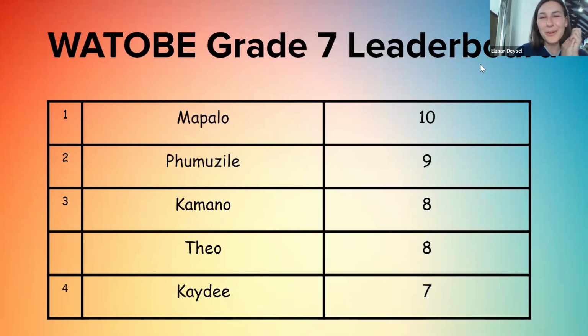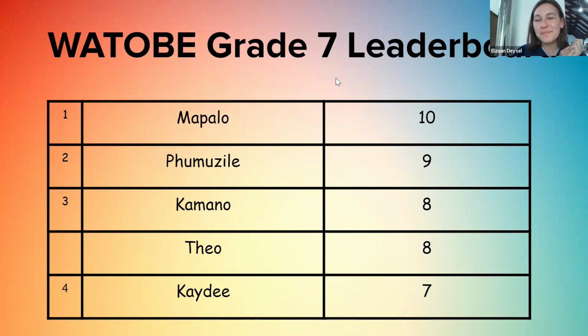Congratulations to Mapalo. And then in second place, we've got Fumuzile, and she has done 9 lessons the whole of last week. In third place, we've got a tie between Kamano and Theo. And in fourth place, we've got Katie with a 7. So well done. Can we all give them a hand clap?